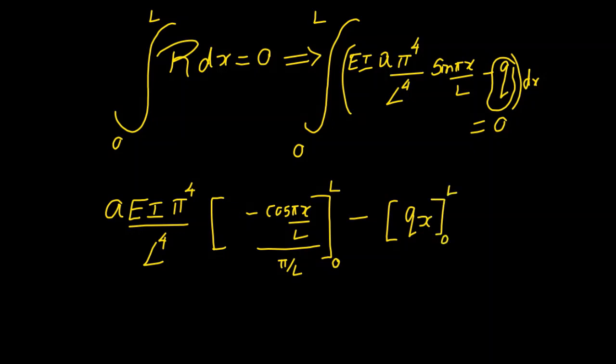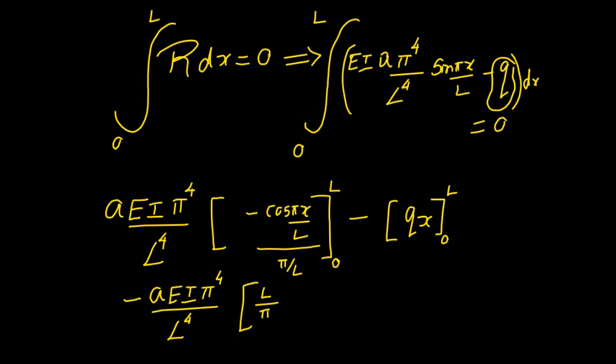In the next step, I'm going to take this minus sign outside. It is minus a into EI into pi raised to the power 4 over L raised to the power 4 and into L over pi. If you take this pi by L to the numerator, it is L over pi.